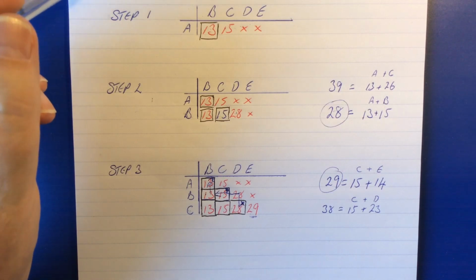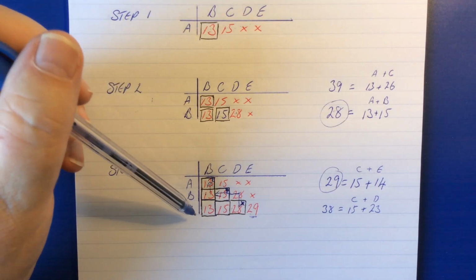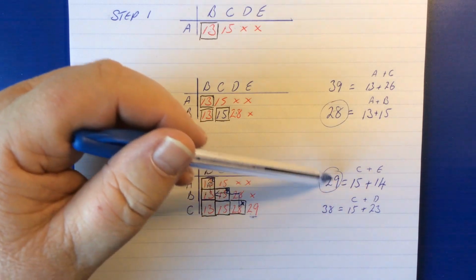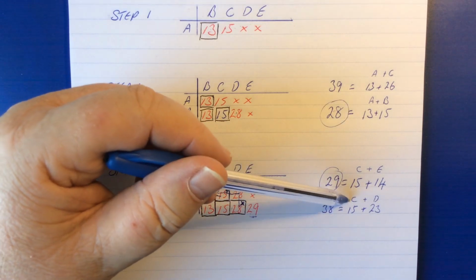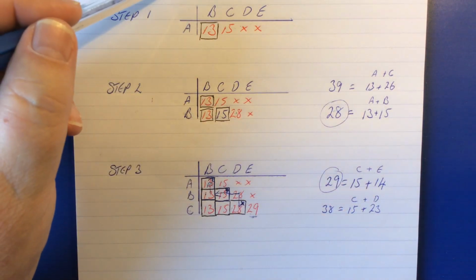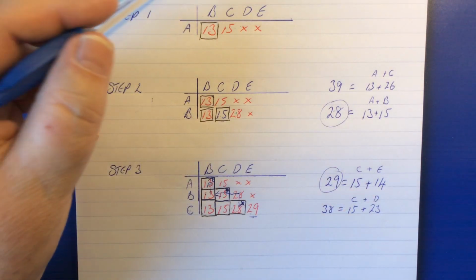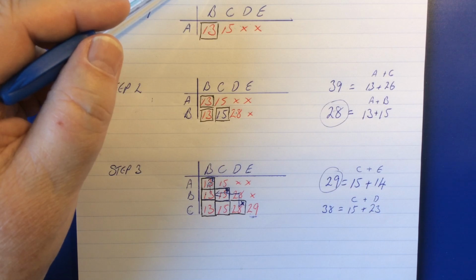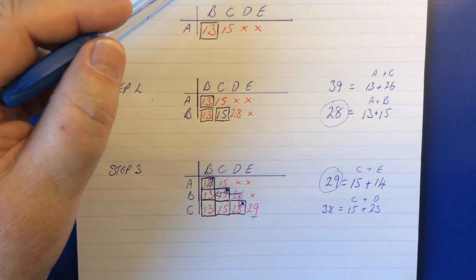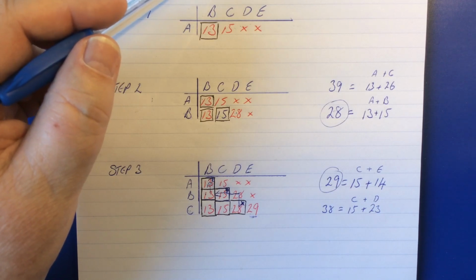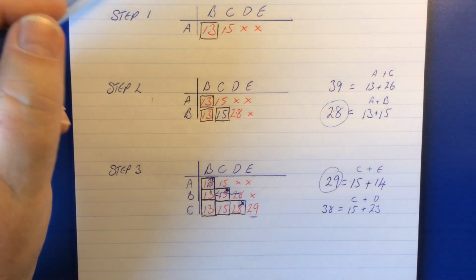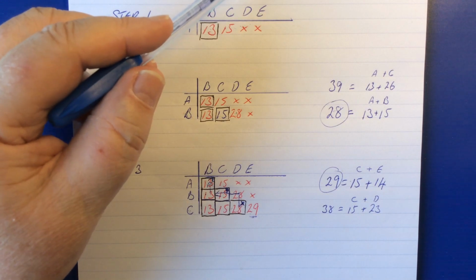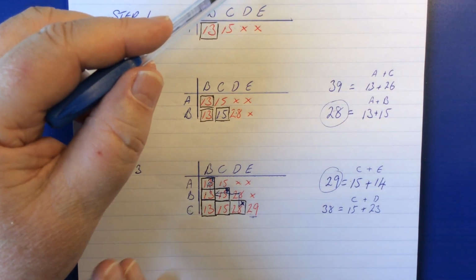So let's take a look at what that means. I've done a couple of calculations here. C plus D gives us a total of 38. That's not feasible. C plus E gives us 14, and we still have to worry about 18.